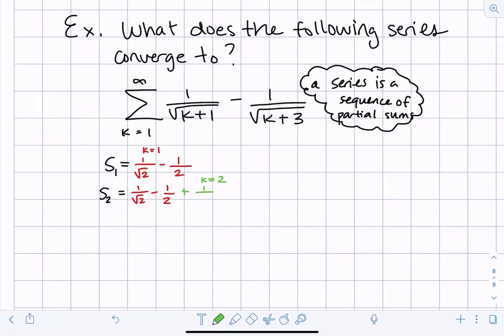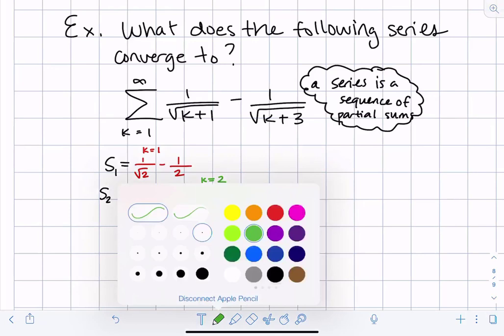That would be 1 over root 3 minus 1 over root 5. Then we're going to check and see, is there any way to simplify this? No, nothing cancels. We could combine it to one fraction, but in general, when you're trying to write the formula for a sequence, you want to observe patterns, and sometimes combining these fractions is not going to help you observe the pattern, so that's why I'm choosing not to do that right now.